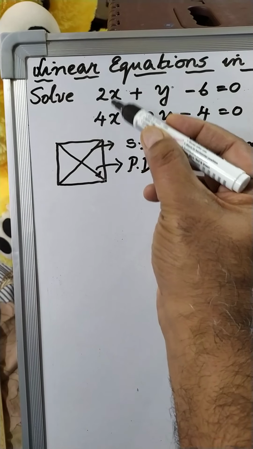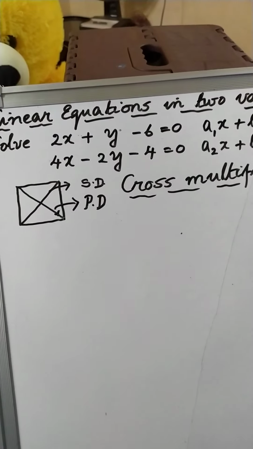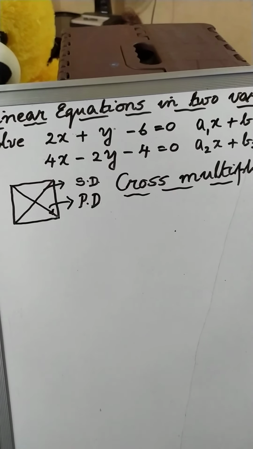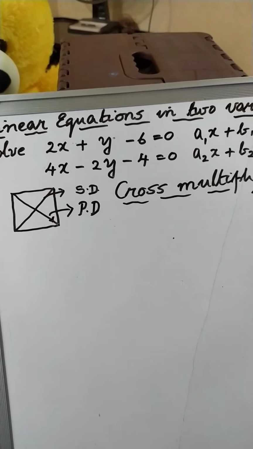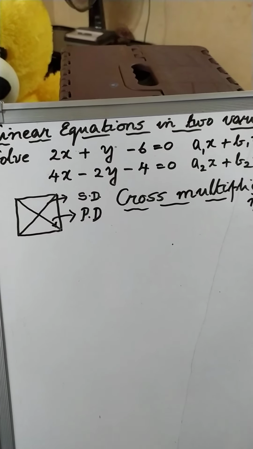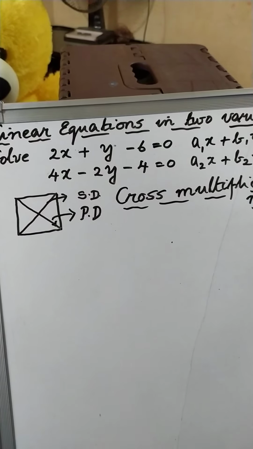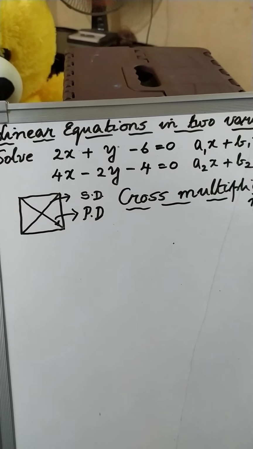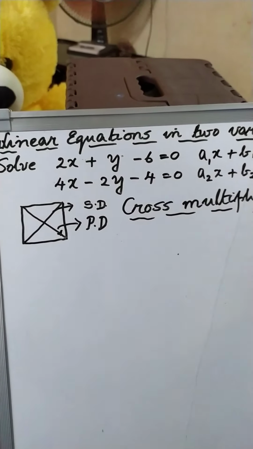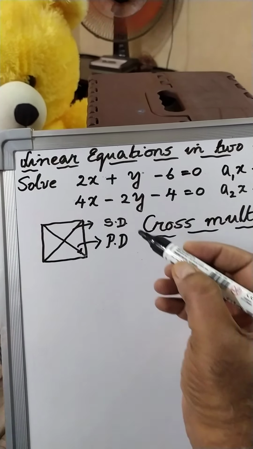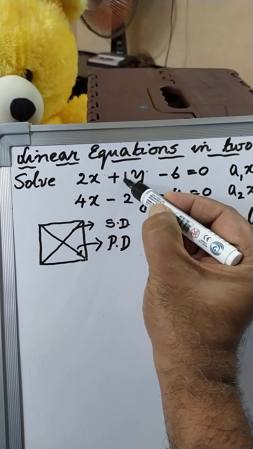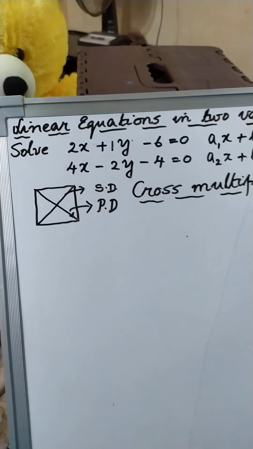The variables that we have are x and y, and they are called linear equations because the degree of the variable x and the degree of the variable y is 1. And wherever I don't have the coefficients, I will insert the coefficient. The coefficient of y in equation 1 is 1.